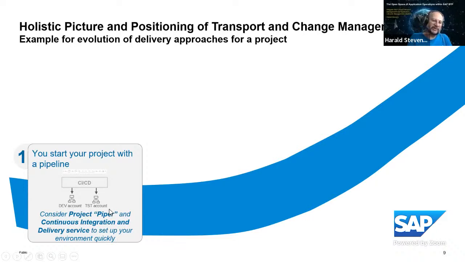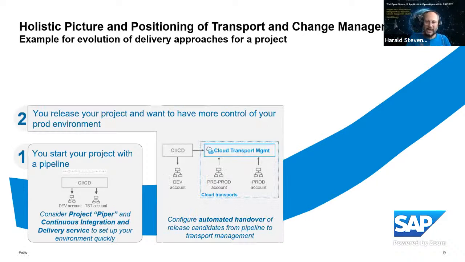Then you find out that's working, and now you would like to add more control. So you attach that pipeline to Cloud Transport Management, so that after doing some testing, you hand over to Cloud TMS, so that the import into the more critical systems like pre-production and production is handled with more governance.